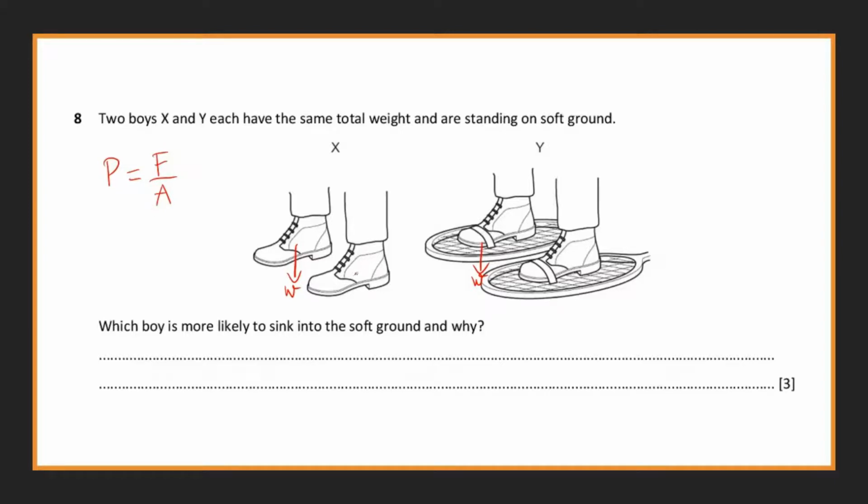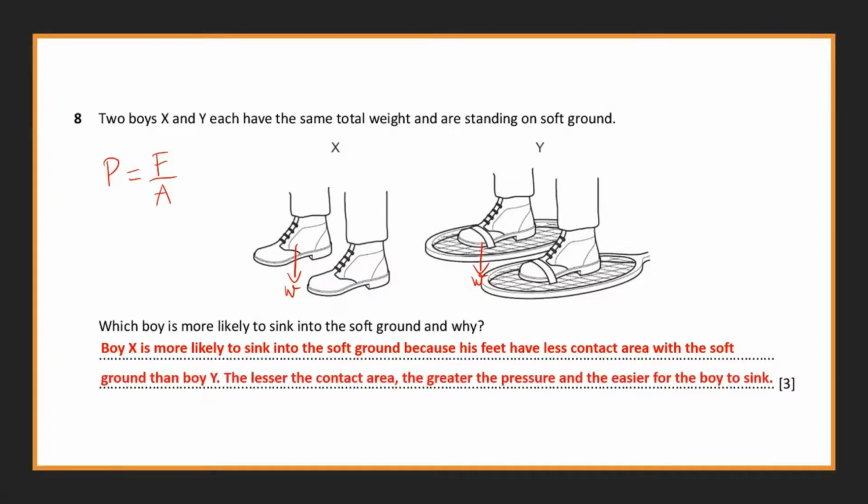So, boy X is more likely to sink because he is the one who has less contact area and therefore produces the greatest pressure. Now let's answer this question. Boy X is more likely to sink into the soft ground because his feet have less contact area with the soft ground than boy Y.